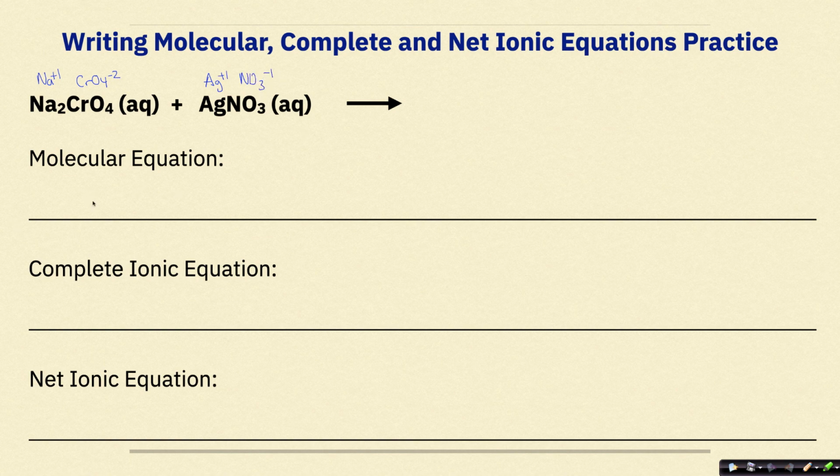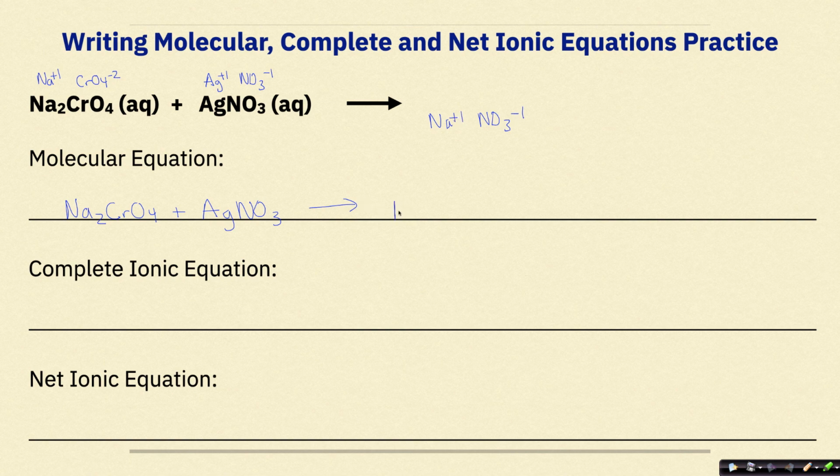Excellent. Then I'm going to go down to the molecular equation and just recopy my first two reactants, Na2CrO4 plus AgNO3, and then I'm going to put in my products. So my Na+1 is now going to go with my NO3 -1. Okay, so positive 1, negative 1.